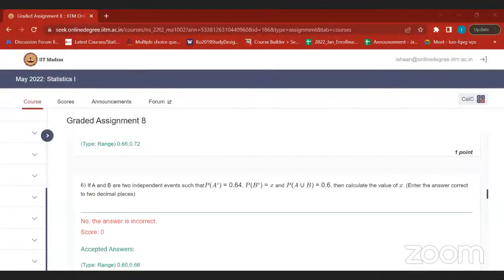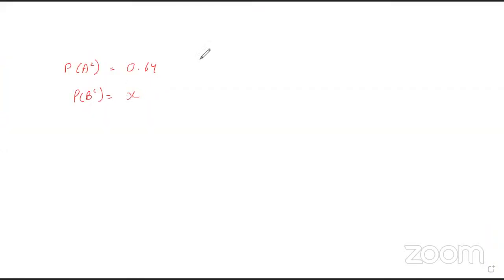See, probability of A complement is given to you, and B complement is also given. Probability of A union B is also given. I'm not just plugging in the values, I'm telling the approach.